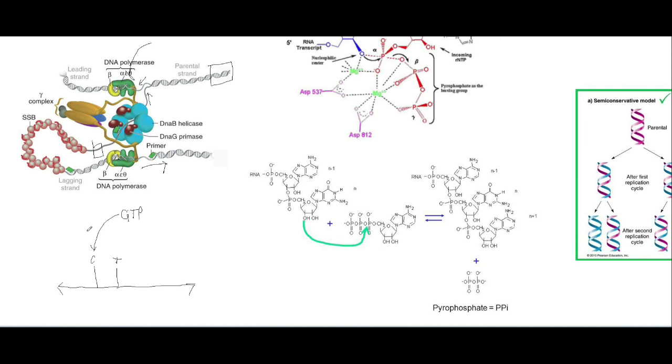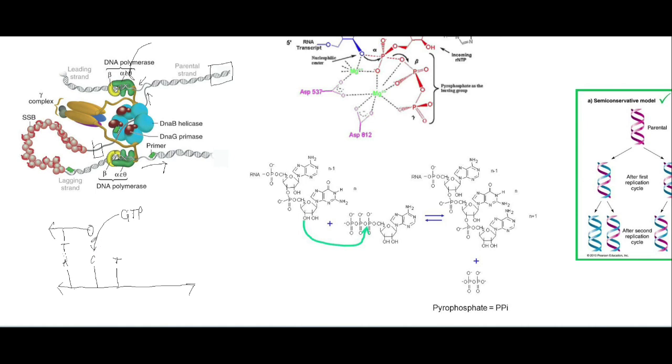So maybe we could look at it like this. This T has just been added on, and so we have base pairing going on here. And we want to attach this G onto the end right here. What we end up having to do there is use the energy in the GTP, because when it's attached on here, it will be in the GMP form.